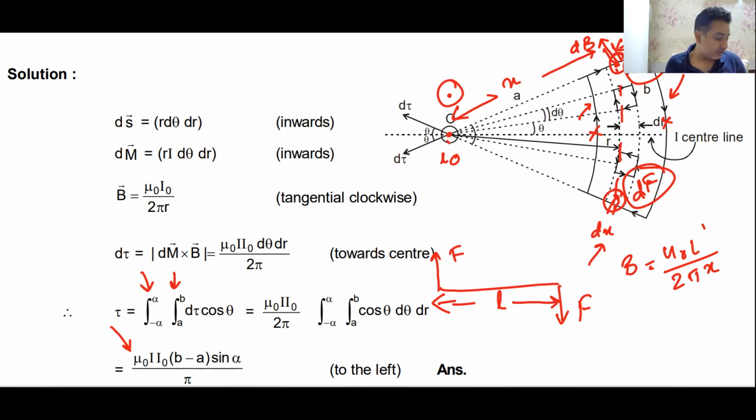Now here there are two forces, one coming out, one going in. You just have to find this perpendicular distance, and it will come in terms of x and theta. I think it will come as x sine theta or 2x sine theta. Yes or no?